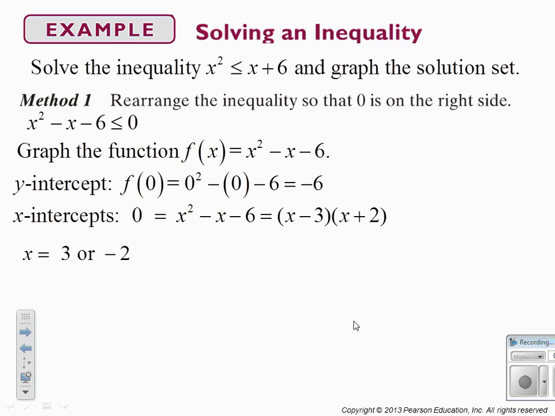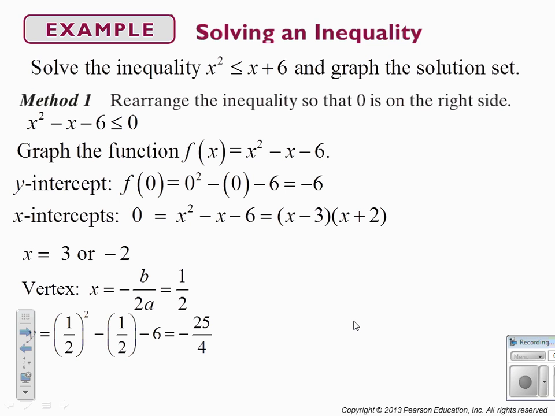And then if we find our vertex by going negative b over 2a, so b is -1 and a is 1, so it would be -1 over 2 times 1, which is 1/2. We plug that into our x squared minus x minus 6 to get our y value for our vertex, as negative 25/4.